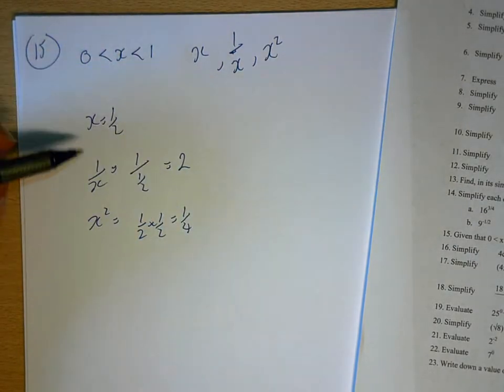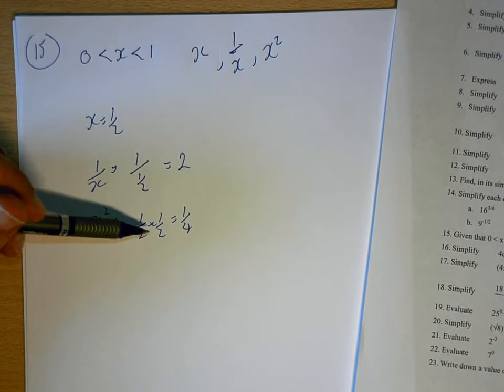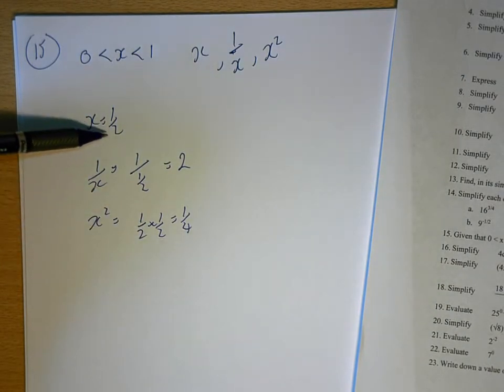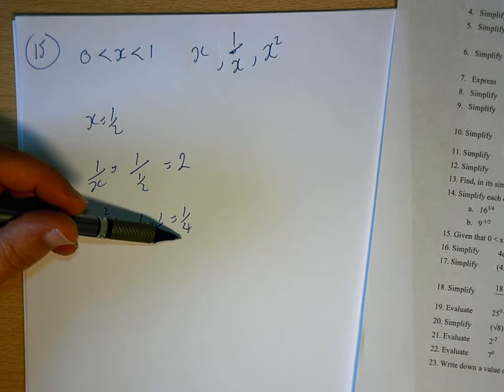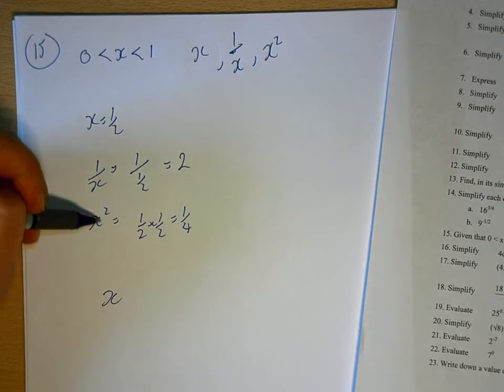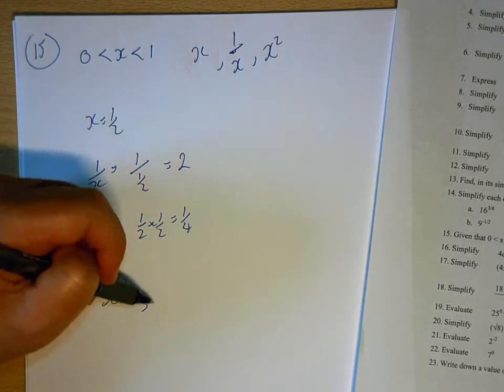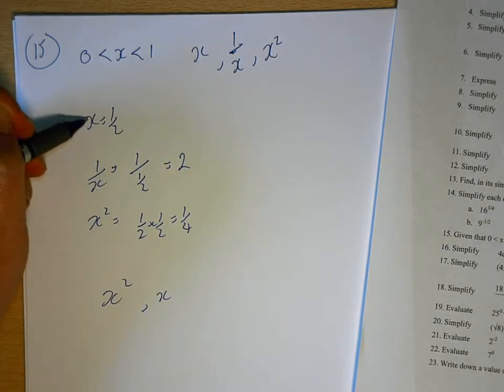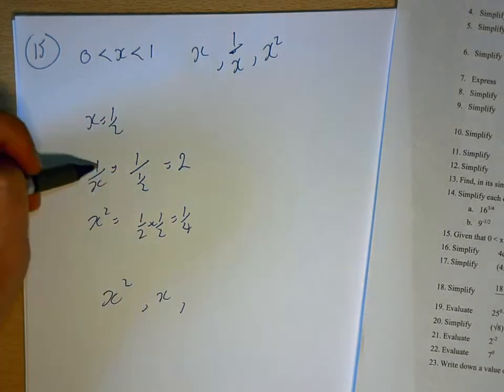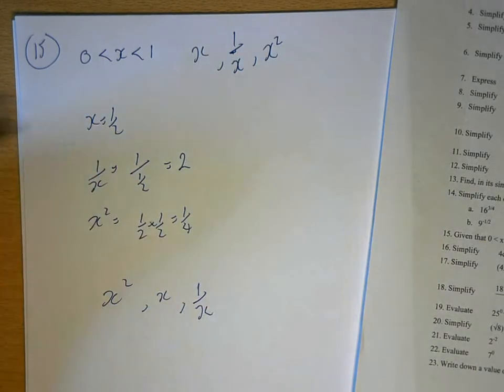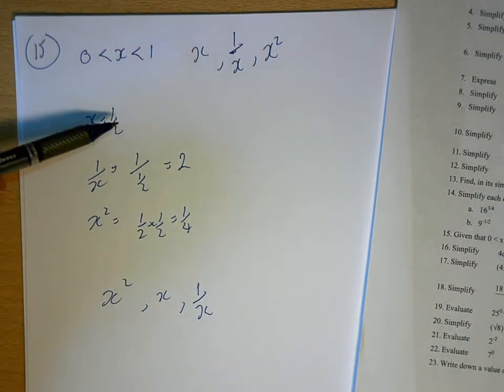So in order of size, the smallest value there is a quarter, so the smallest is going to be x squared. Then you're going to have the half, which is x. Then you're going to have 1 over x. Okay, so choose a value for x.